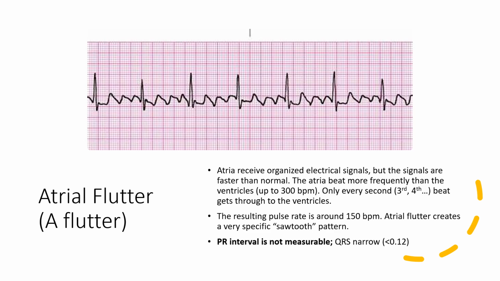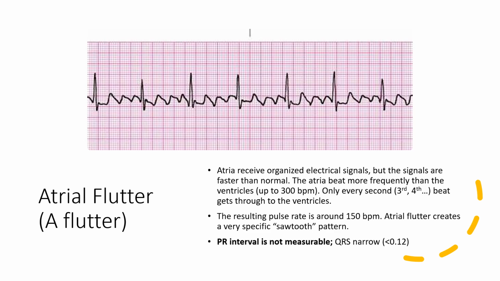So what we're going to see is a pattern that continues throughout the strip. We can see there are 3 P waves and then a QRS. 3 P waves and then a QRS. So in this strip, what we see kind of looks like a sawtooth pattern.